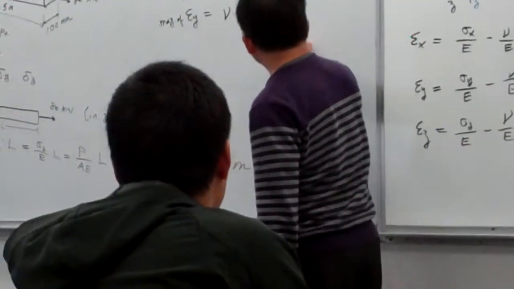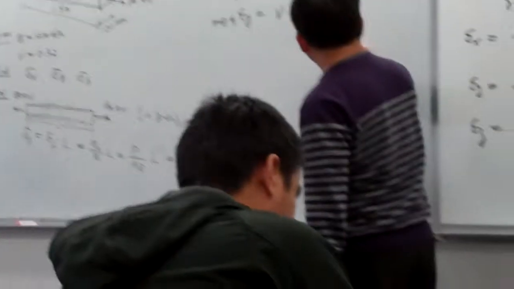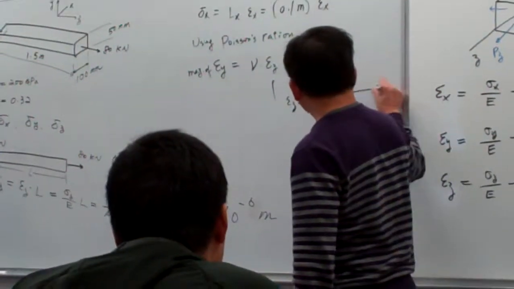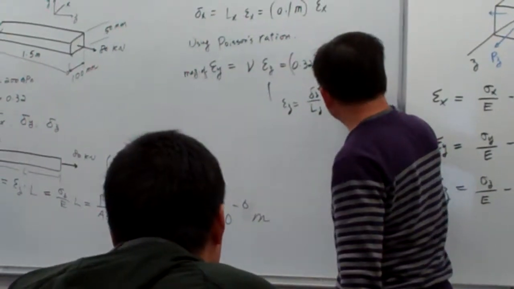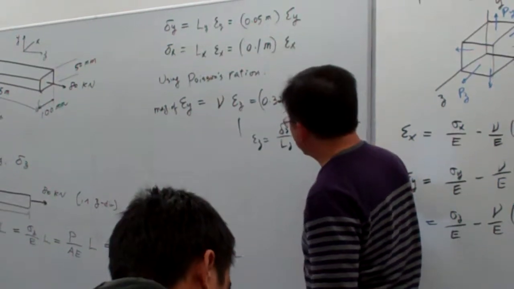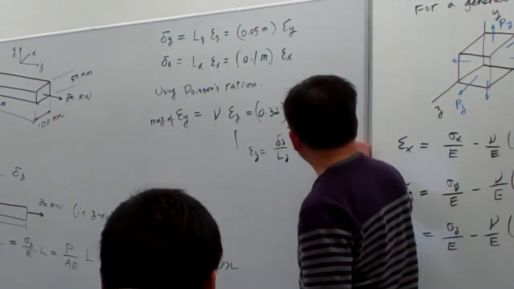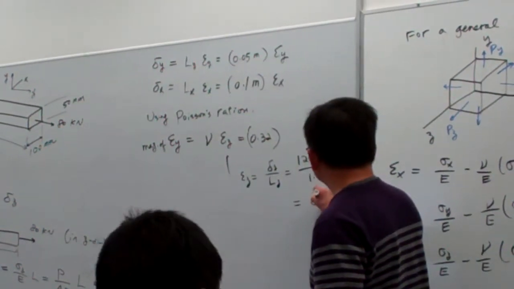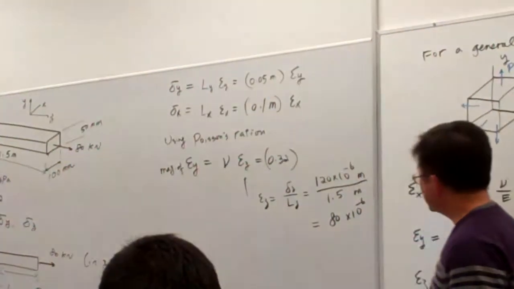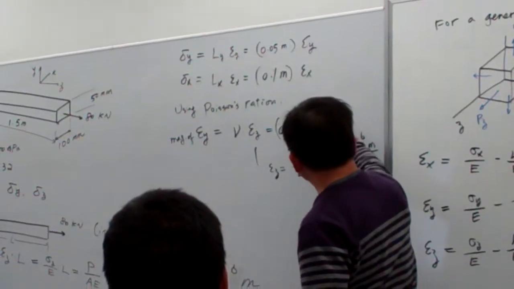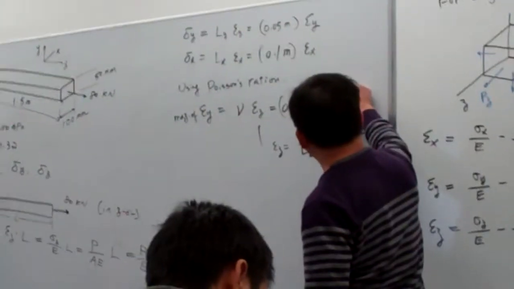The axial strain equals the deformation divided by the length in the z direction. The deformation is 120 times 10 to the minus 6 meter, divided by a length of 1.5 meter, so this is 80 times 10 to the minus 6.